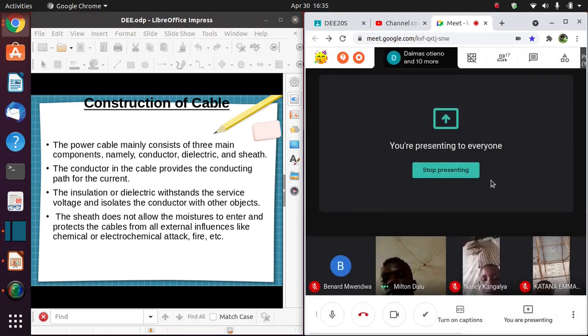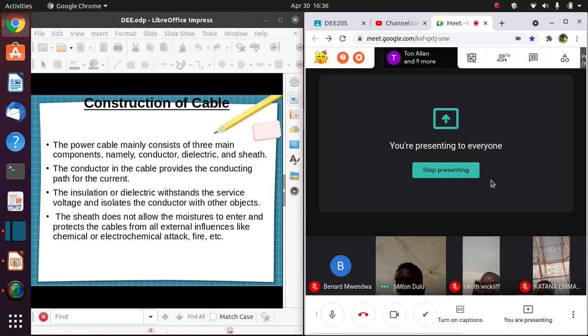The insulation is what isolates you from that conductor, so that you don't get shocked. The sheath is what offers mechanical protection to the inside of the cable, to protect the insulation and the conductor from moisture, from dust, from all those external things that may affect its performance.